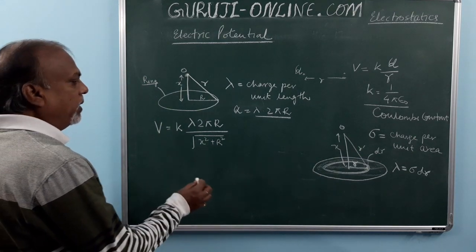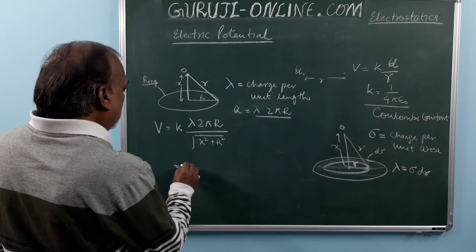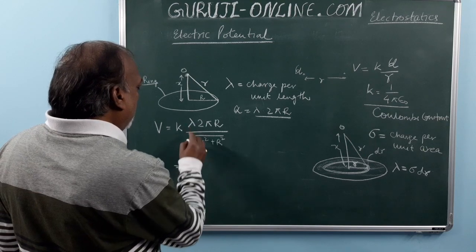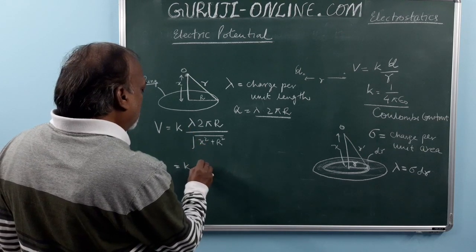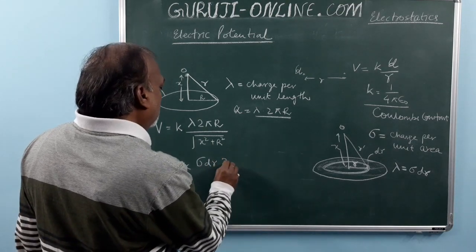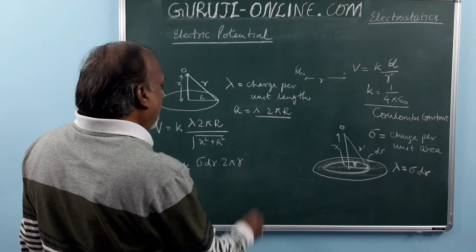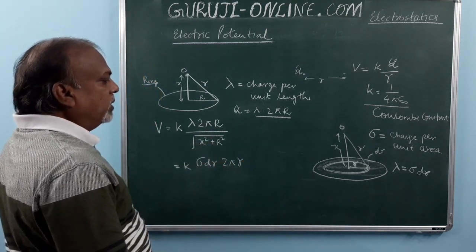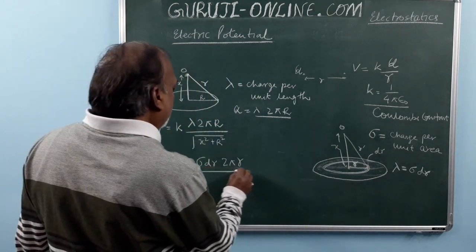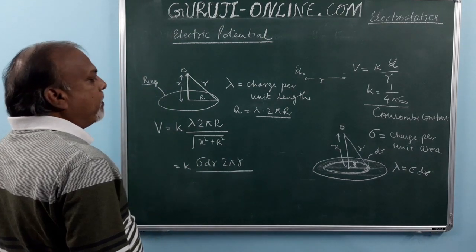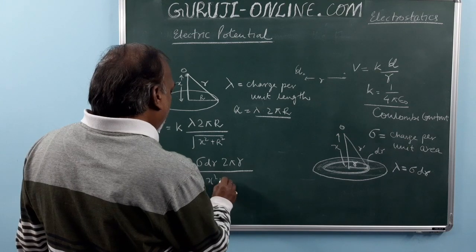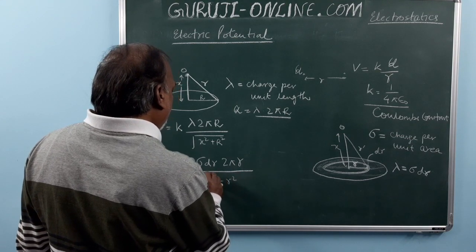So here we can write K, in place of lambda, sigma into dr, times 2 pi r, because here this r is this. Your distance is naturally root of x square plus r square.